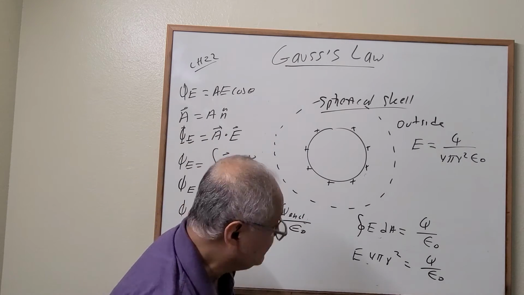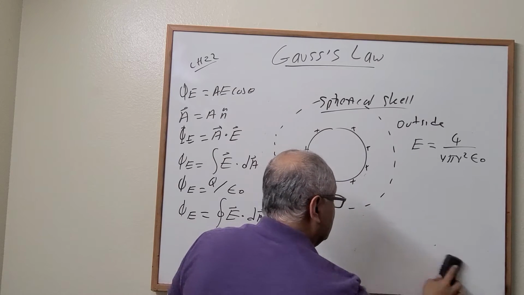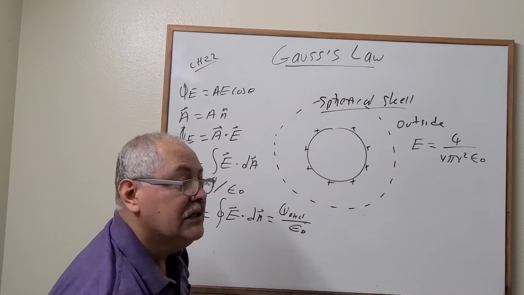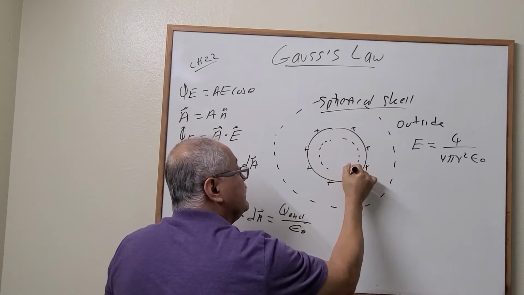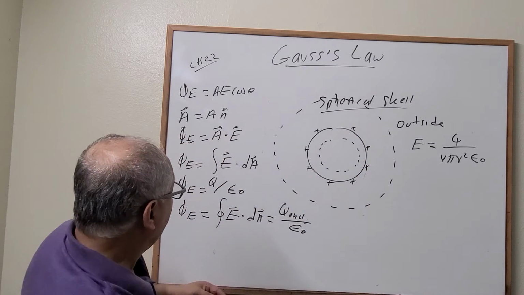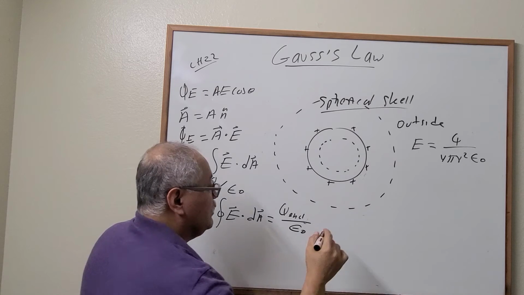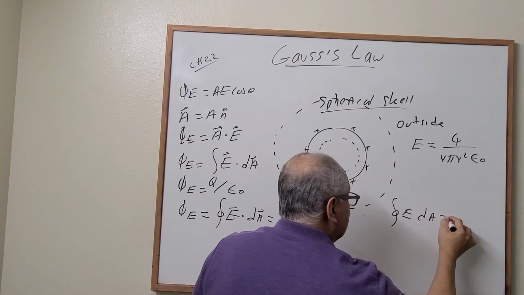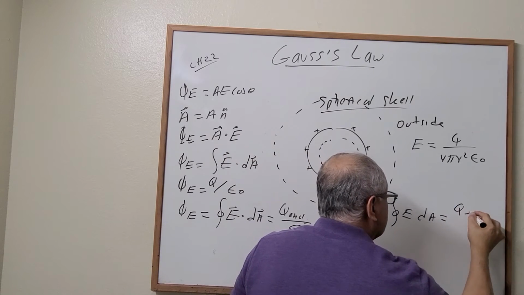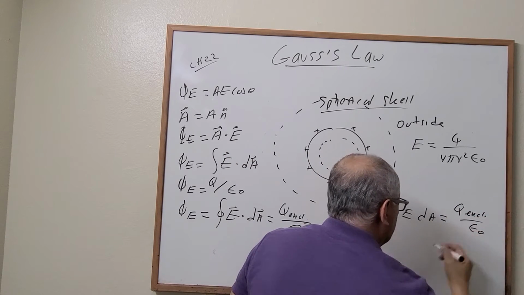For the inside case, we use the same technique. We create a Gaussian surface inside. When we apply this equation again, this integral times the area equals the total charge enclosed divided by epsilon naught.